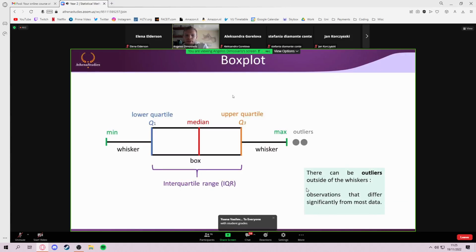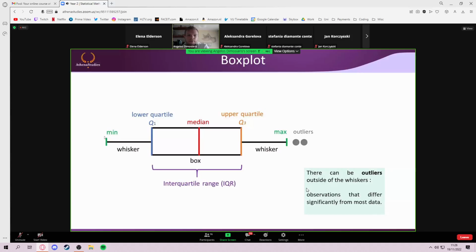Can you give it with student grades? Oh, okay. I cannot give you student grades because I don't think there would be an outlier there, but I can give you an example with IQ. Let's say that you have measured the IQ of lots of people.